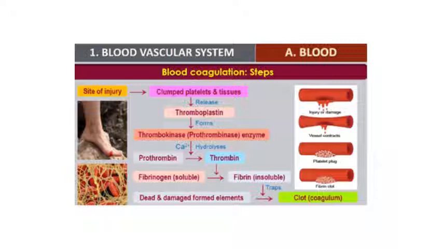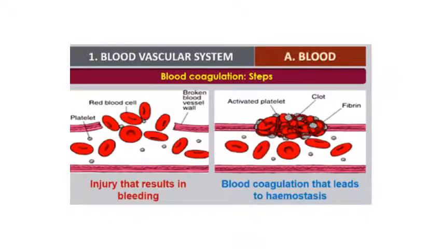Because fibrin is insoluble, it forms a mesh-like plug which prevents the blood from going away. In this way, clotting is completed and further damage to the body is prevented. So this leads to homeostasis when an activated platelet stops the excess blood from going out of the body.